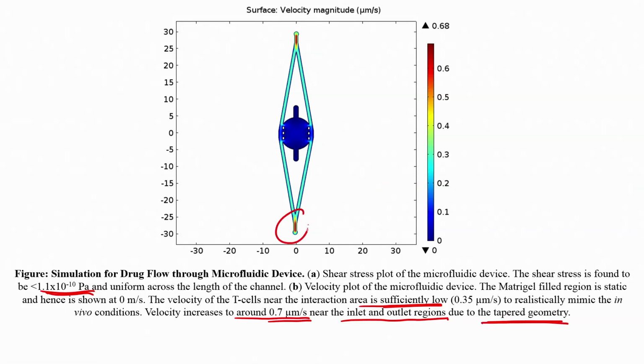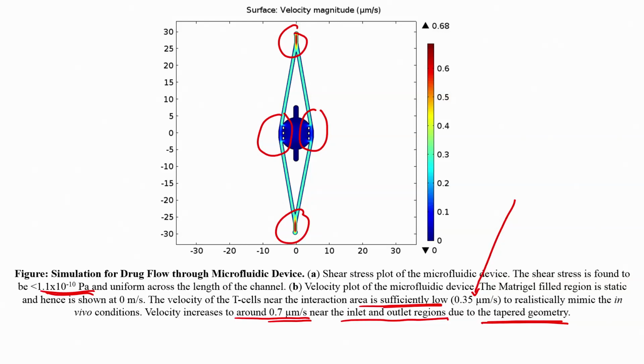So, here the velocity increases a little bit, however, in this particular area the velocity is sufficiently low to mimic the actual flow inside the body. The flow from the capillaries to the tumor is close to 0.35 micron per second or less than 1 micron per second.